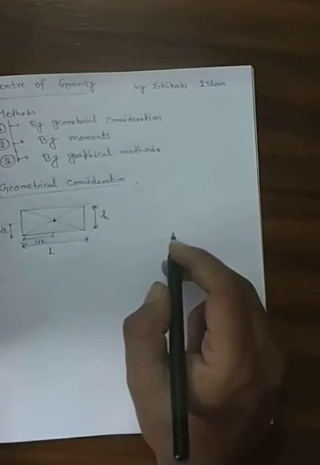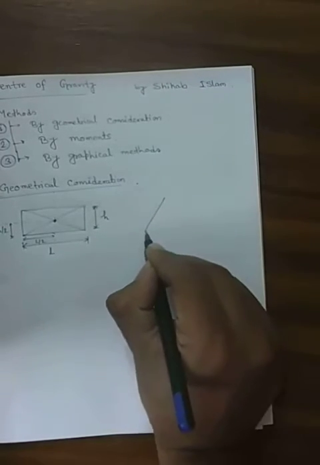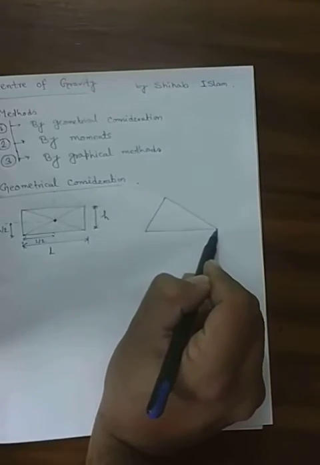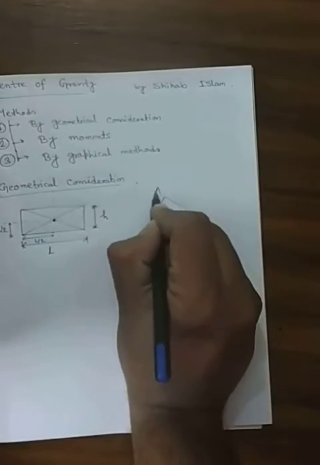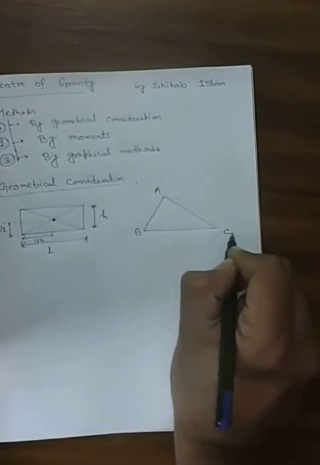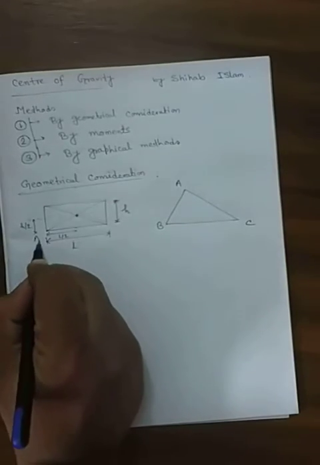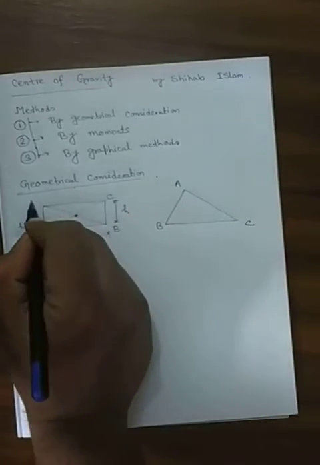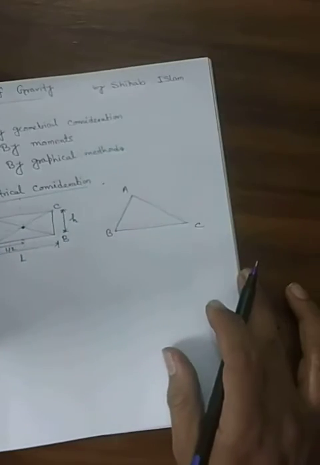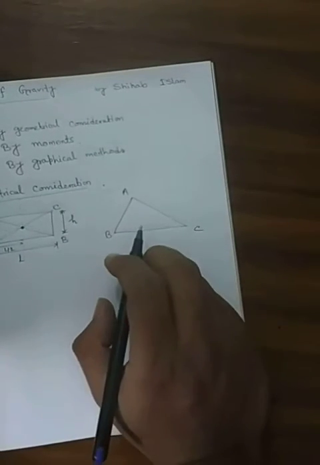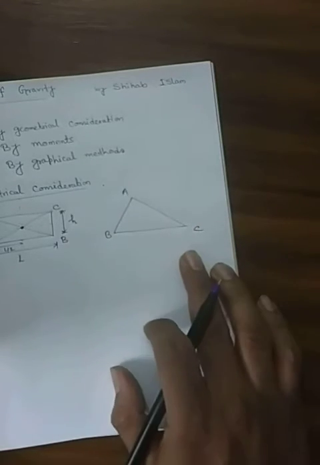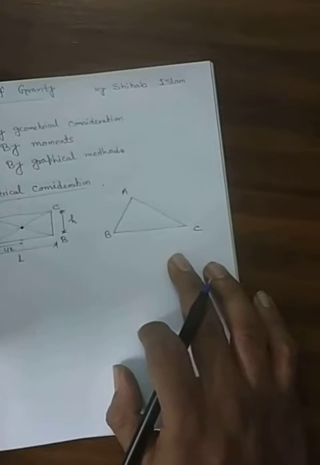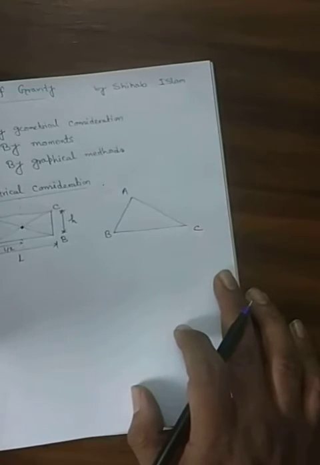Now take a triangle. This is a triangle, like A, B, C. In this triangle the center of gravity is at that point where the three medians meet. What is a median? A median is a line connecting the vertex and the middle point of the opposite side.